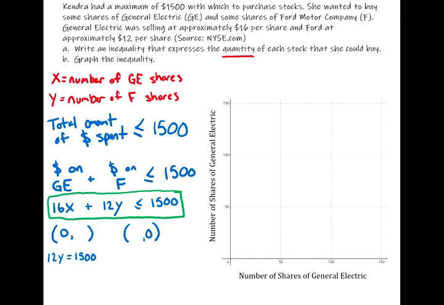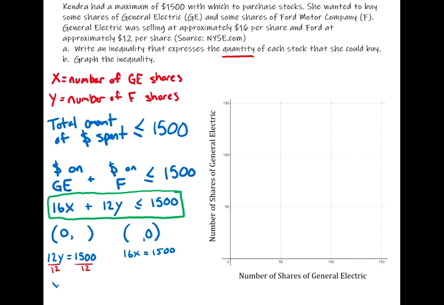Similarly, if we plug in 0 for the y value, that's 12 times 0, which is 0, so 16x is equal to 1500.